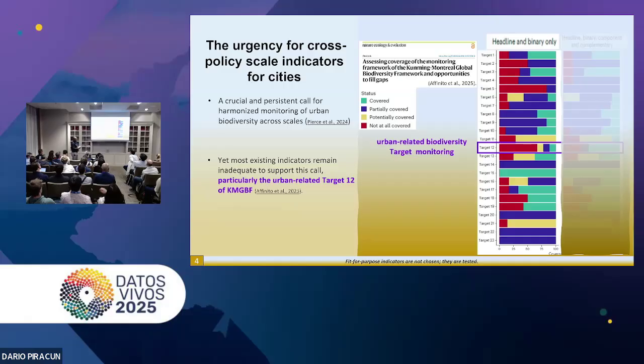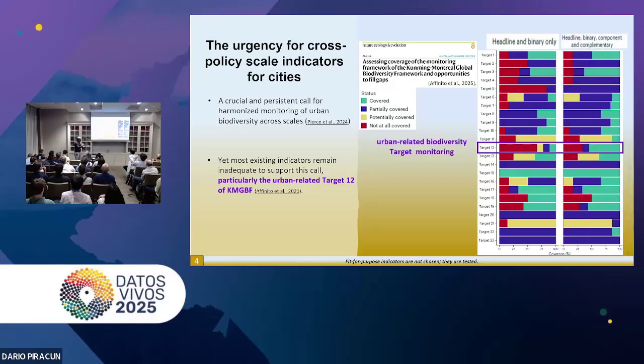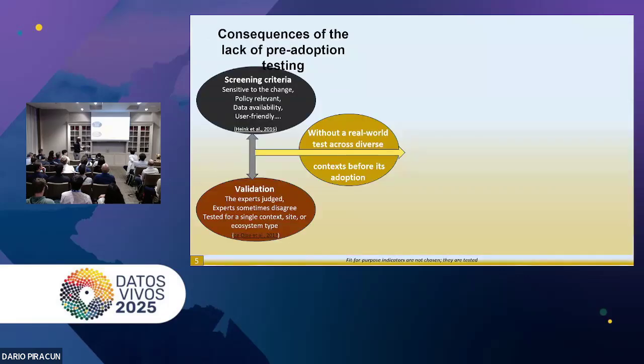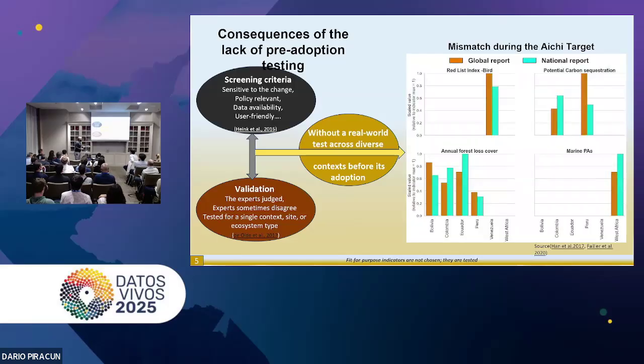When you look at this recent publication from urban ecology, you see that target 12, which is the urban-related target, is the most vulnerable in terms of not having indicators that can be useful for it. Even among the headline and complementary indicators, this target is still vulnerable in terms of missing some key indicators that can be relied on. So yes, we can keep going as we do, but this is the consequence if we don't do indicator testing.